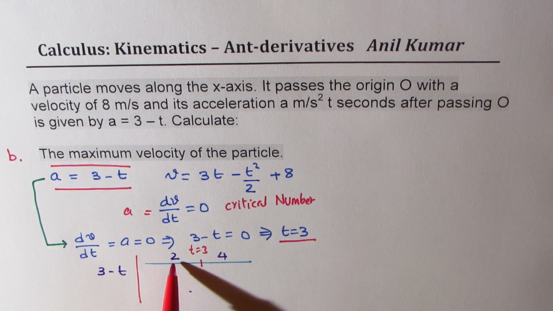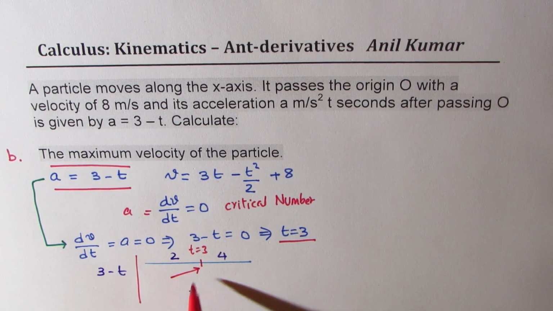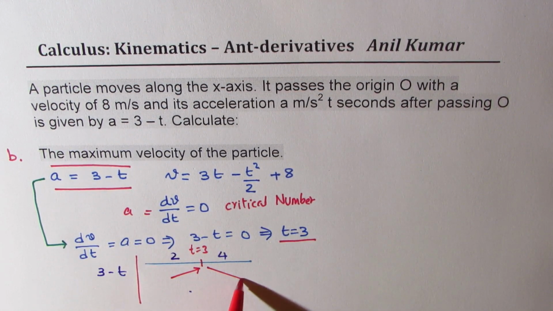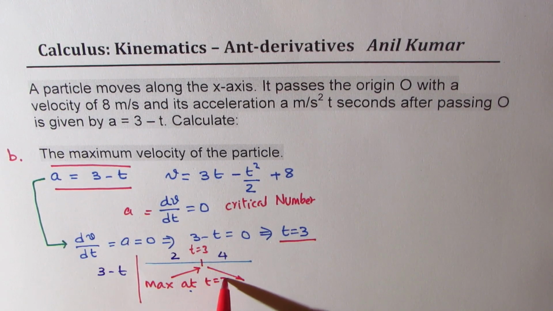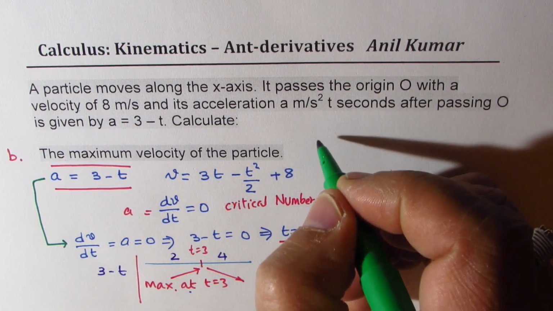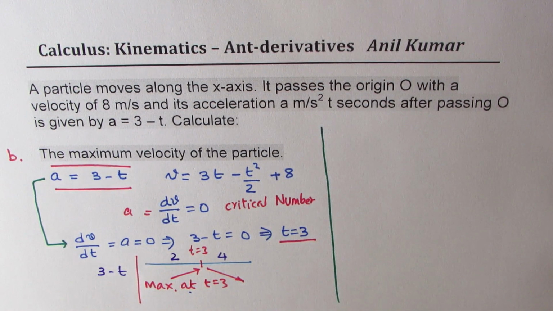If I substitute 2, I get a positive value, and if I substitute 4, I get a negative value. So that clearly means we have a maximum at t equals 3. That is how you can reason it out. Sometimes it is not required, but since I have many viewers for whom this could be a new concept, I am going slow on this.